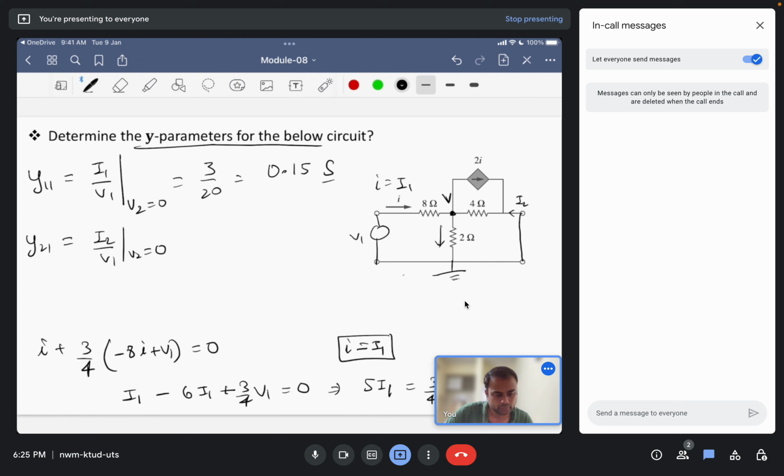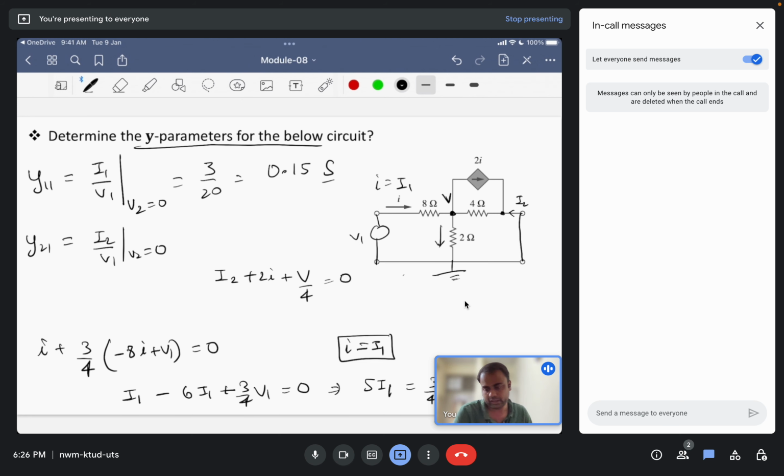So we can write I2 here. If we look at this node, if we take all the currents for that node, all the currents are coming inward, so let us consider that sign, so I2 plus V by 4 is equal to 0.